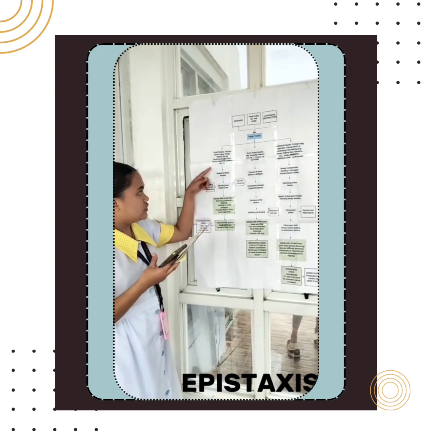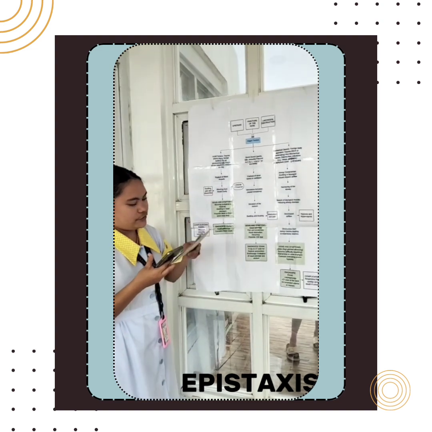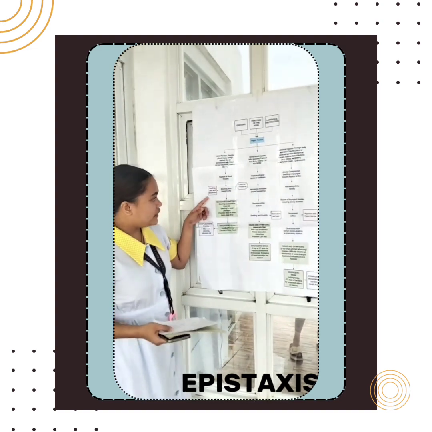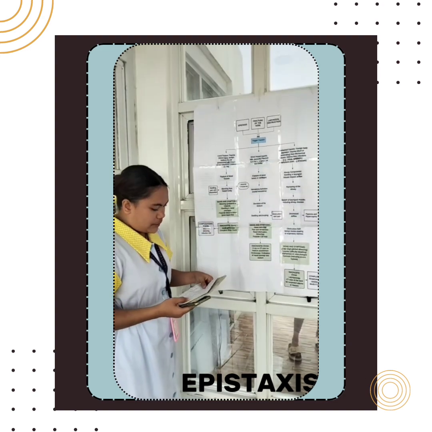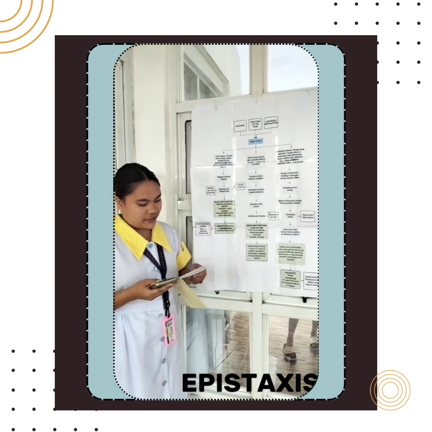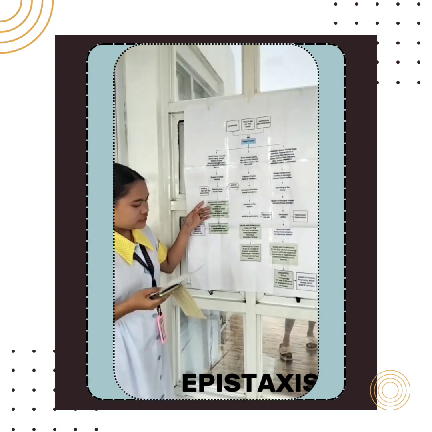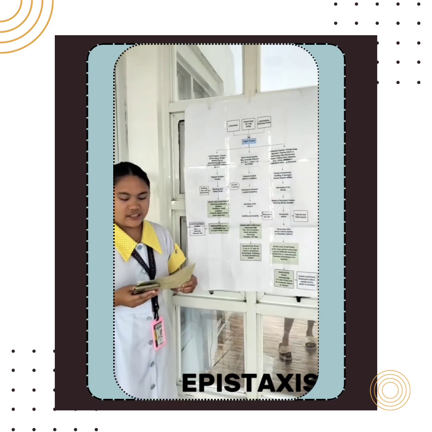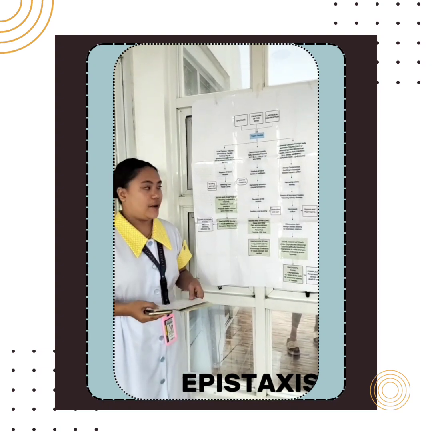So these factors lead to the rupture of vessels, resulting in the bleeding from the nasal cavity. So the bleeding can be anterior or posterior. Associated symptoms include swelling, pain, and discomfort, often accompanying the rupture.